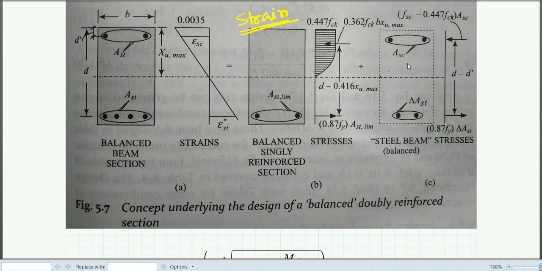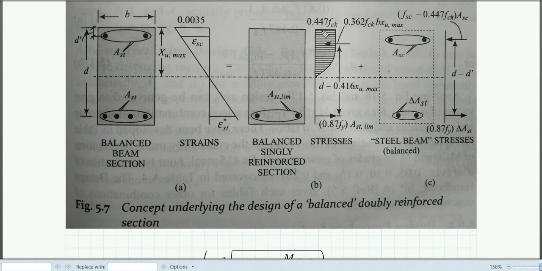Yes, so I was talking about the stress in the compression field. So here at the compression reinforcement, what is the stress in the steel in the compression phase?